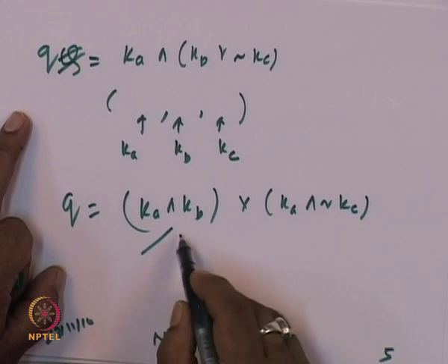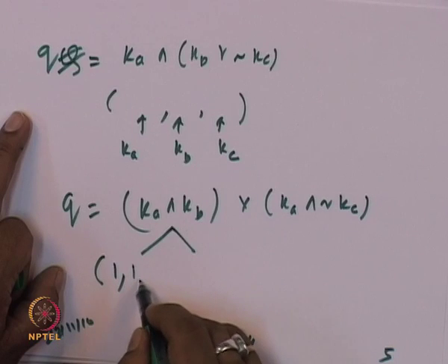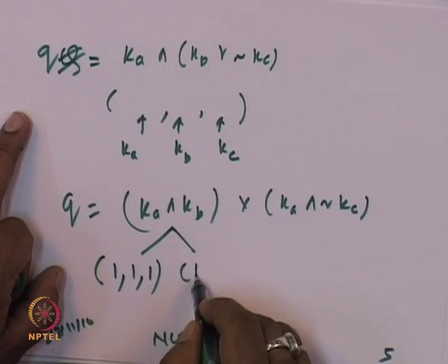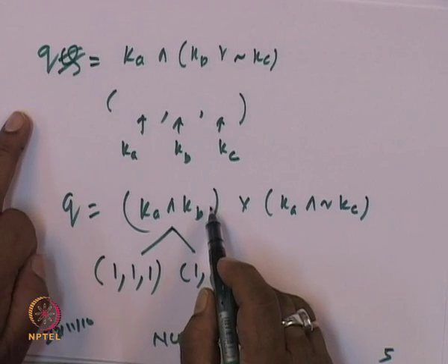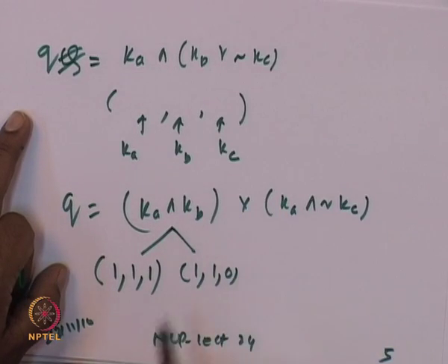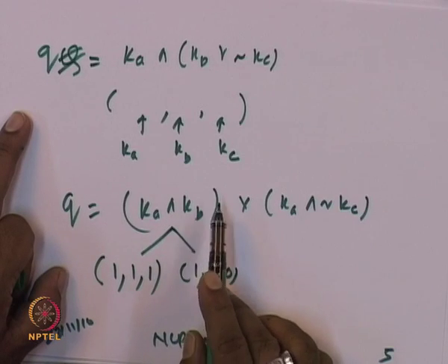So, this gives rise to a tuple 1 1 1 or 1 1 0. Since k C is not present here, we can say this is the do not care element, and that can be either 1 or 0.